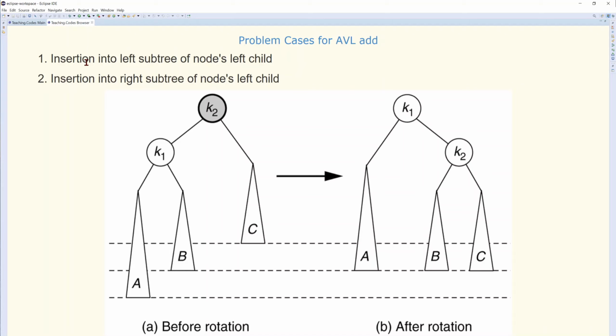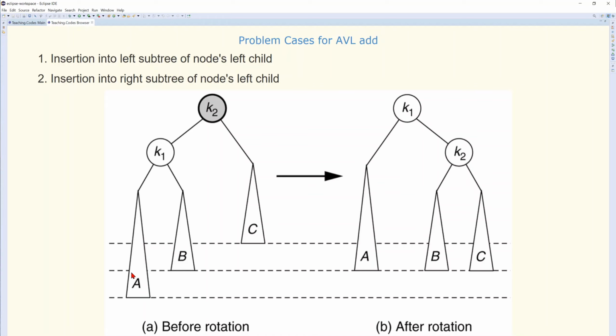It could be imbalanced because you insert into the left subtree of the node's left child. So you insert to the left of the left. K2 is the root here. K1 is its left child. A is not necessarily a single node, but it's a subtree. That's why we draw it like a triangle here.